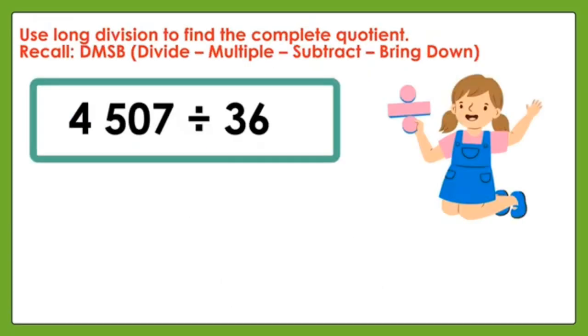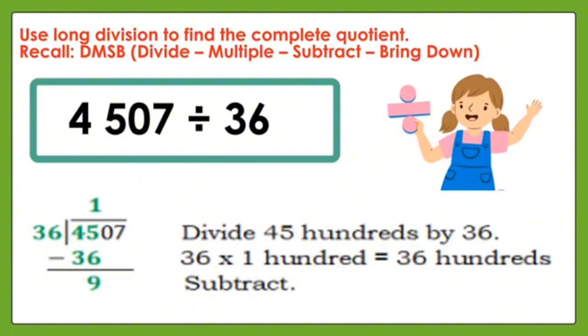Use long division to find the complete quotient. Recall DMSB: divide, multiply, subtract, and bring down. 4,507 divided by 36. Divide 45 by 36 and 36 times 100 is equal to 3,600. Then let's subtract 45 minus 36, that is 9.